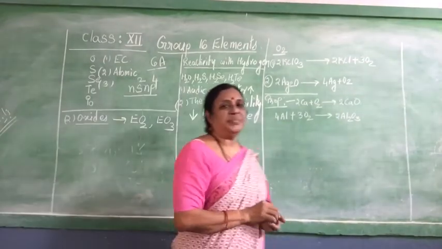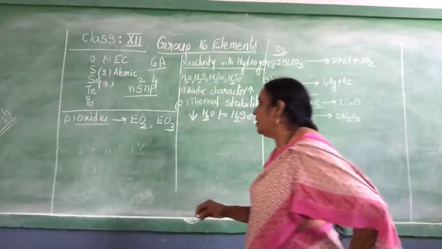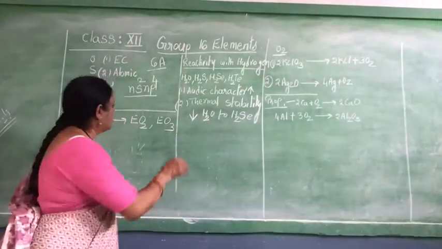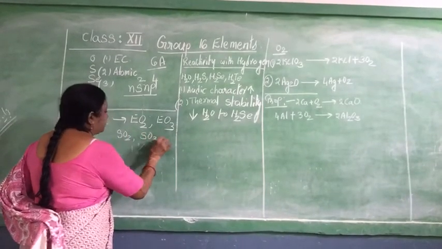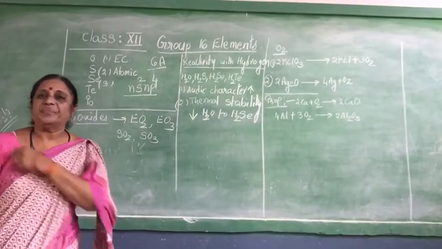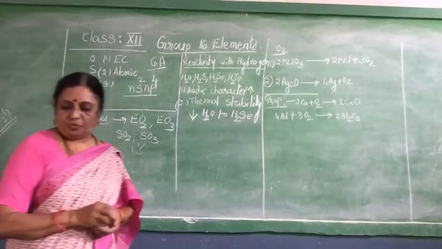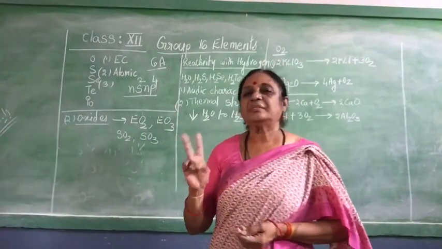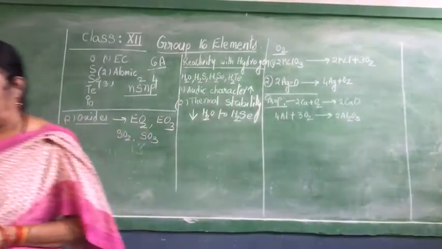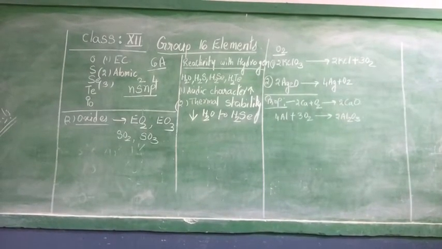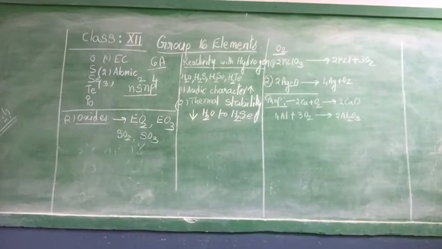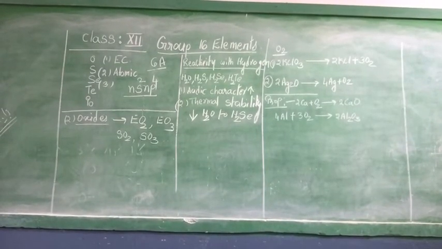For example, sulfur reacts with oxygen to form two oxides, SO2 and SO3. Reducing property of the dioxide decreases from SO2 to TeO2. SO2 is reducing while TeO2 is an oxidizing agent.